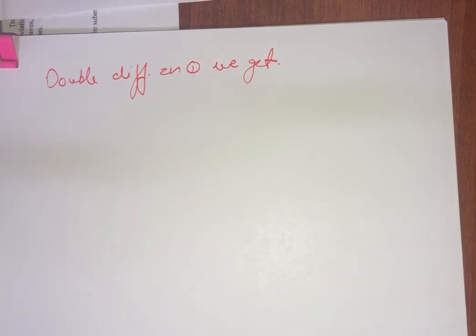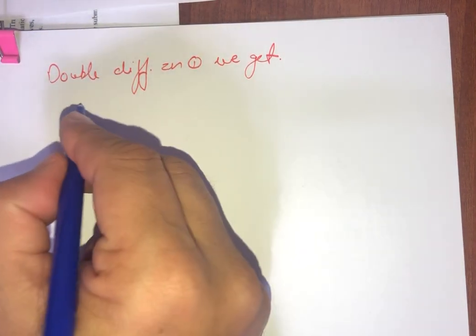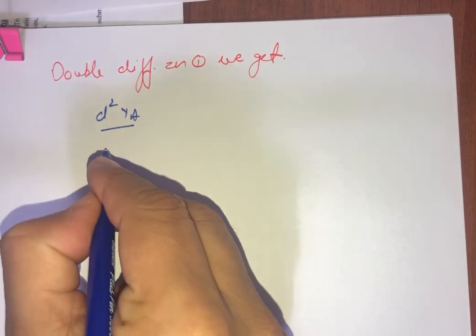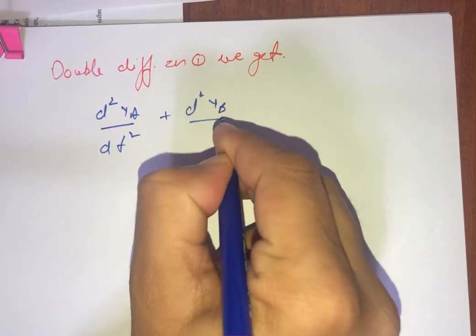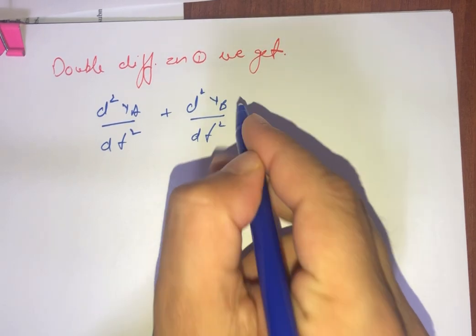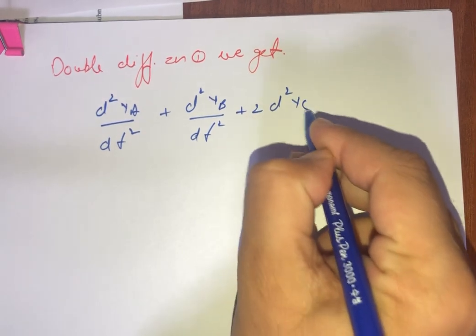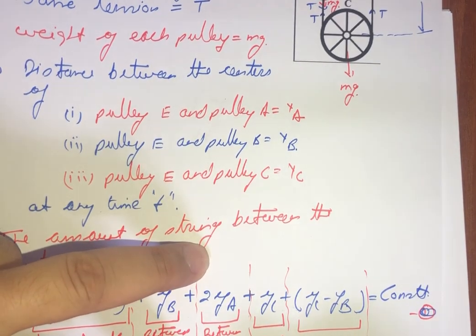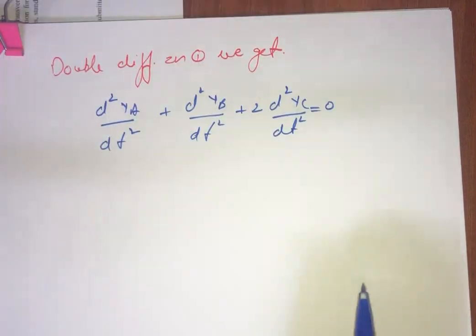So double differentiating equation 1, we are going to get this as the double derivative of YA divided by dt square plus double derivative of YB divided by dt square plus twice the double derivative of YC divided by dt square, and this is equal to 0, because this entire thing is constant.